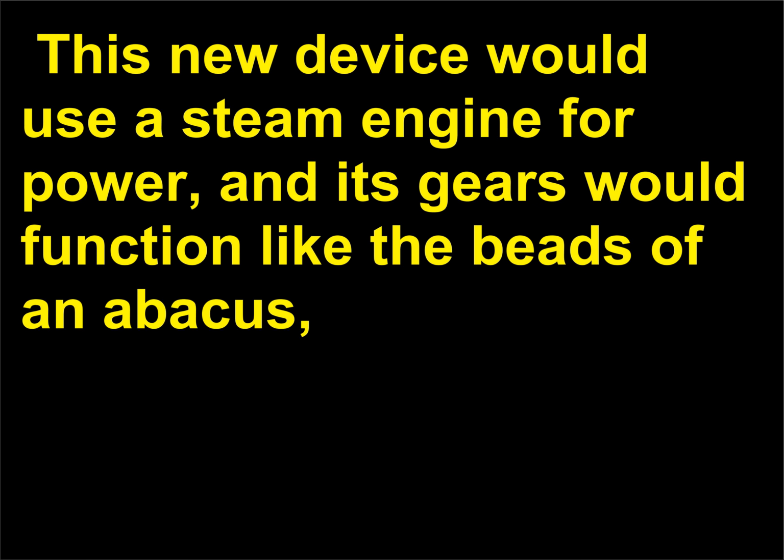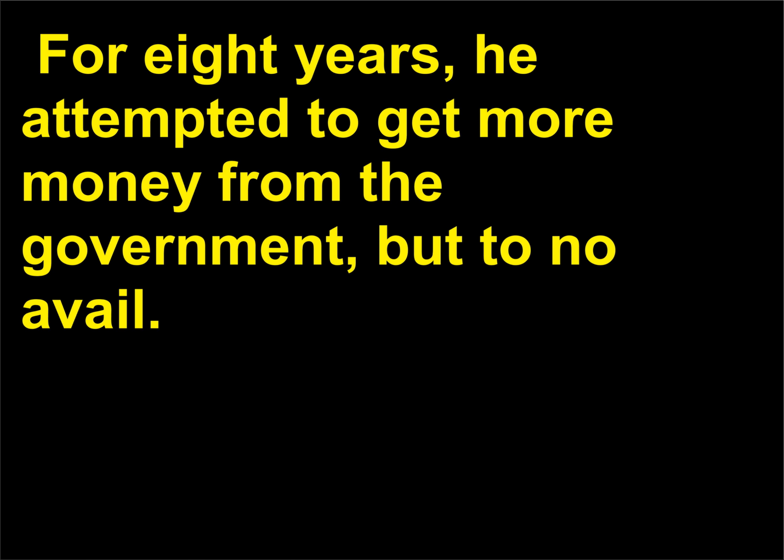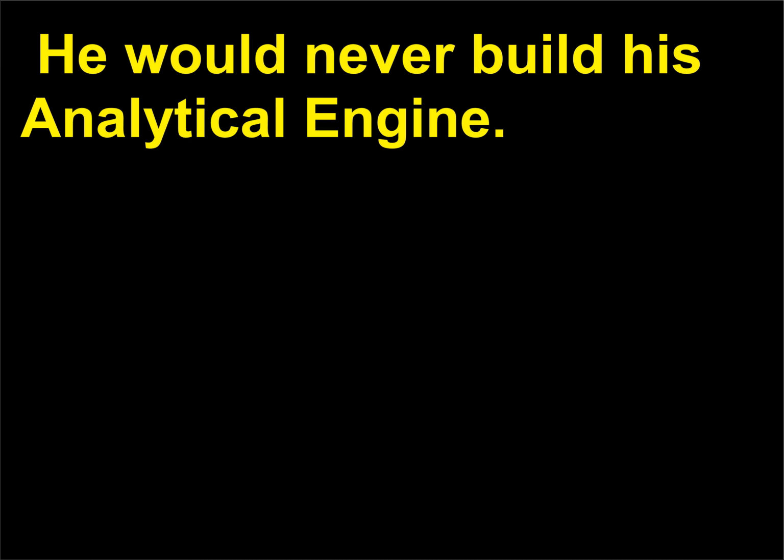This new device would use a steam engine for power, and its gears would function like the beads of an abacus, with the main tasks of calculating and printing mathematical tables. For 8 years, he attempted to get more money from the government, but to no avail. He would never build his analytical engine.